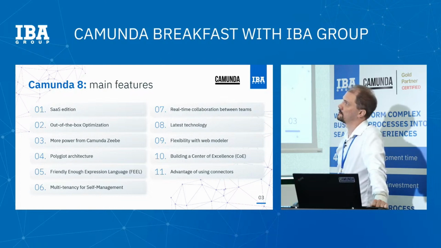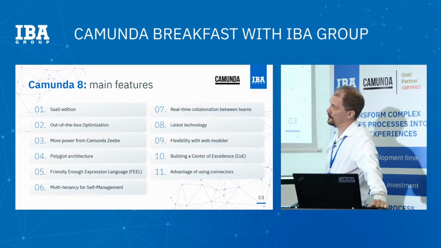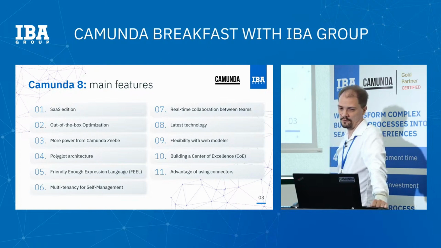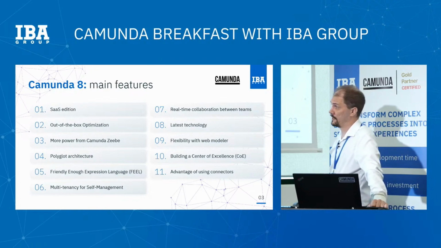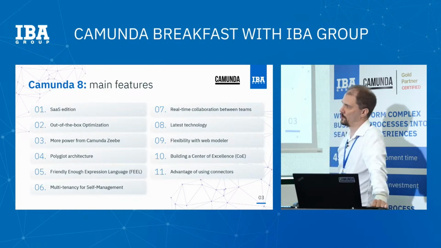Camunda 8 is more cloud-oriented and microservice-oriented. In this way, a lot of different things around those external tasks can be implemented as separate technical modules, and different teams can do this, and each team can select the technology or stack which is known to them, where they have skills, and it could be Java, it could be Python, it could be Ruby even.